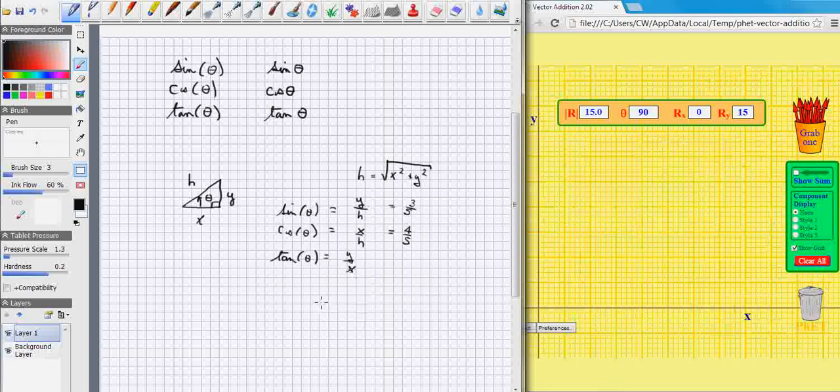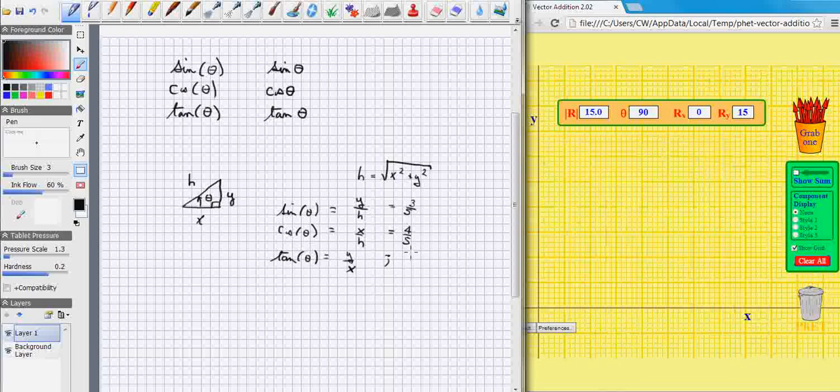Now, one of the things we can do with these functions, the sine, cosine, and tangent, is this: if we have x and y, for example, and we want to find the theta with the hypotenuse drawn as it is right now, you can take the tan equation, and if you know what y and x are, you can turn that around and take the inverse function.